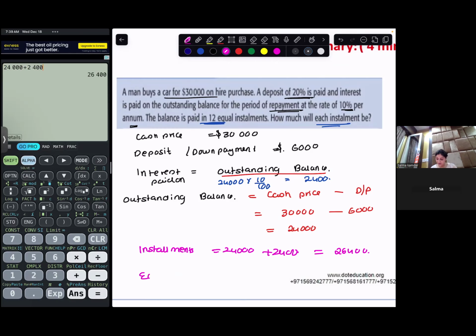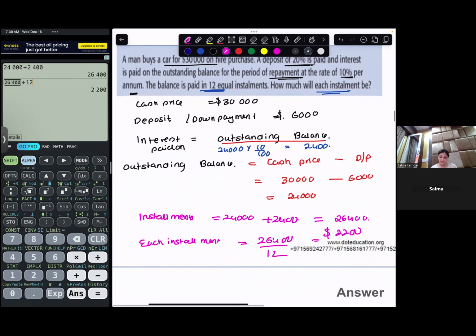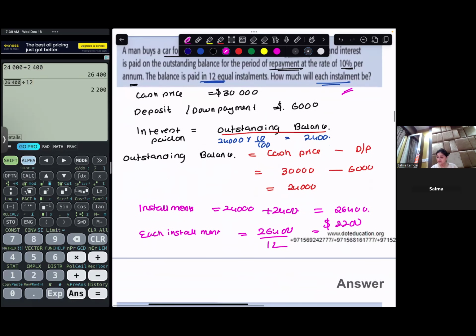This 26,400 I am going to pay over 12 installments. So each installment would be 26,400 divided by 12, which is $2,200. Each installment will be $2,200.